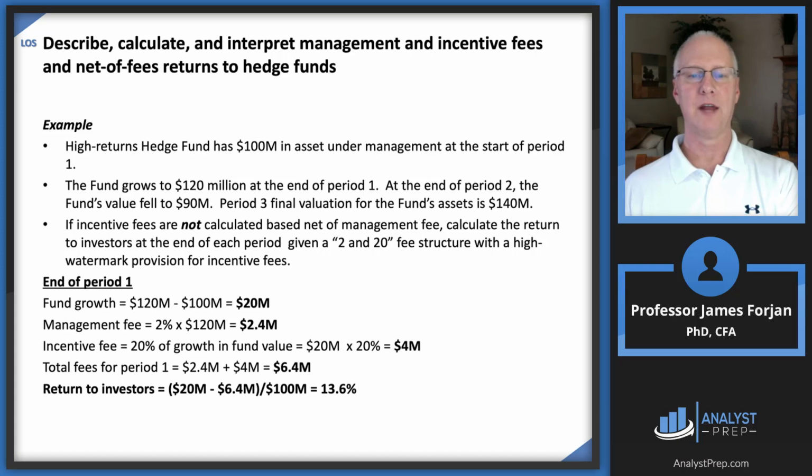And then the incentive fee is going to be the 20%, right? The 2 and 20, the 20% of the difference between the initial value and the value at the end of the period. So that's $20 million times that 20%. That gets us 4. So if we sum the 4 and the 2.4, we get 6.4 million, and that gives us a 13.6 return to investors.